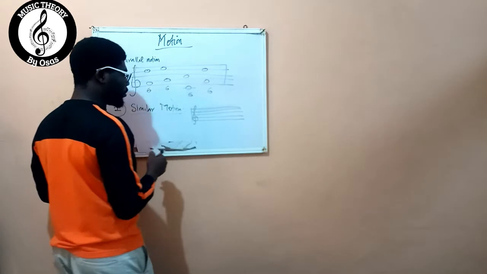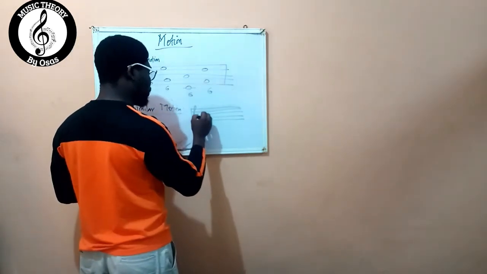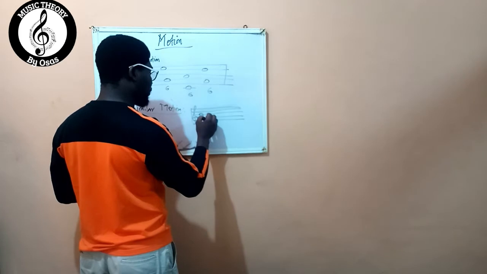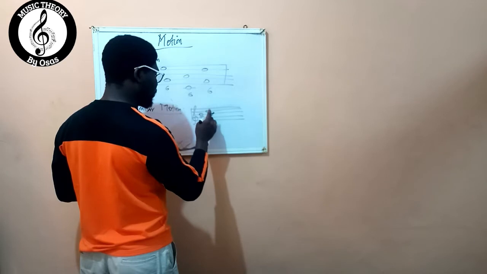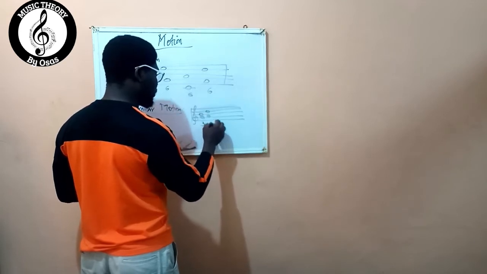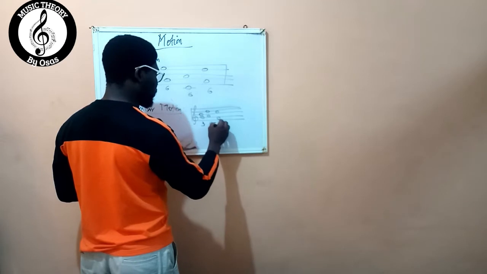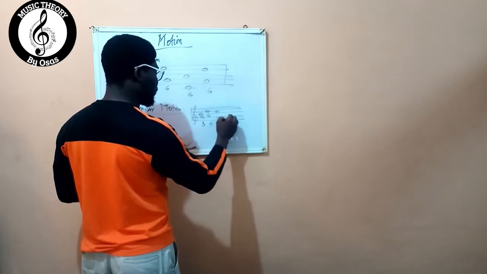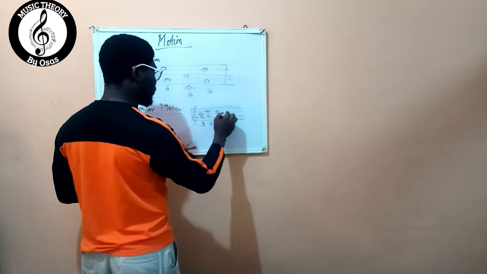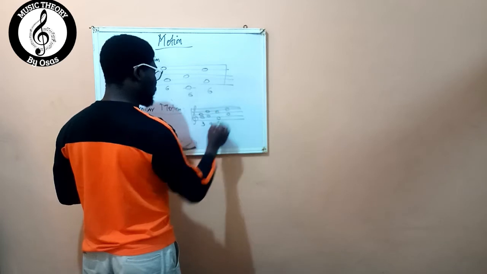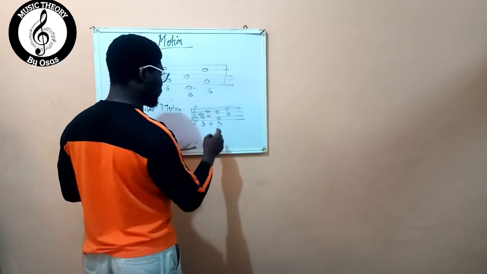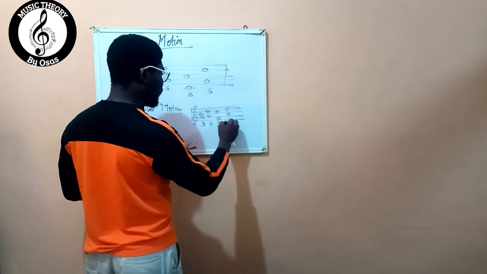So that's our example. Let's use G to B, the third, the fourth, the fifth, the fourth again.